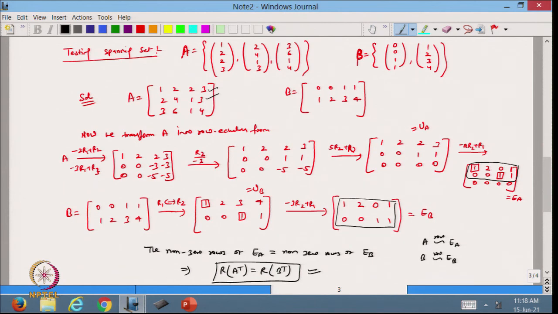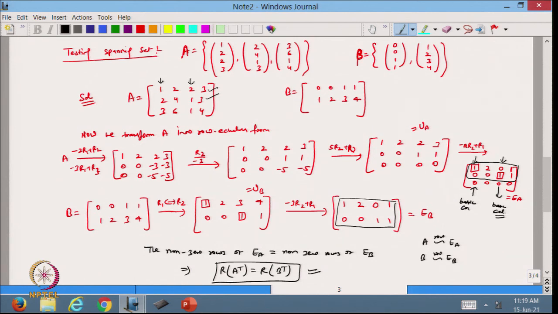So, this is my basic column and this is also a basic column. So, I will take the columns corresponding to the basic columns, the first one and the third one.